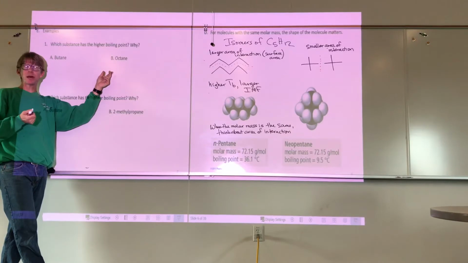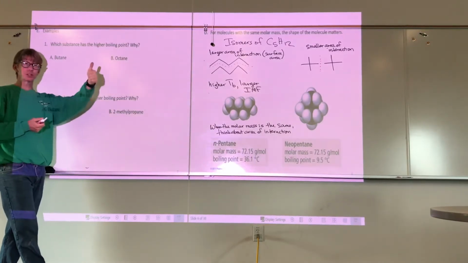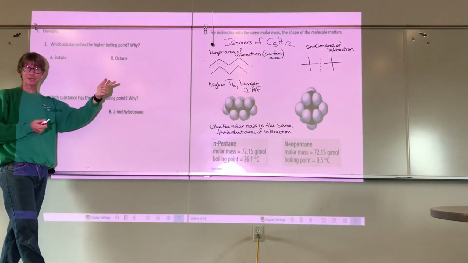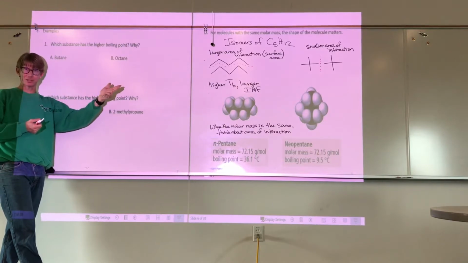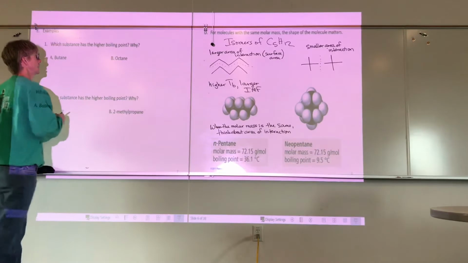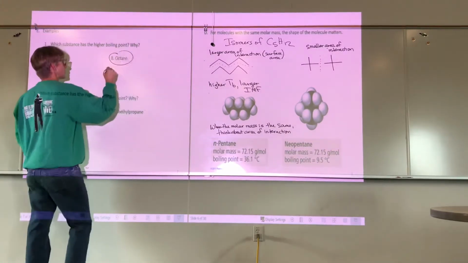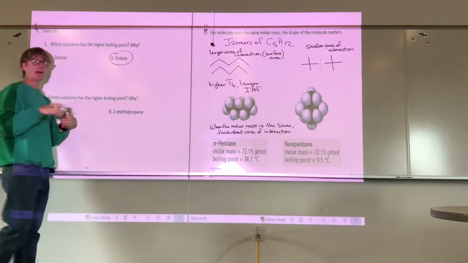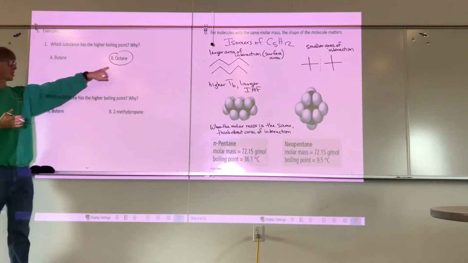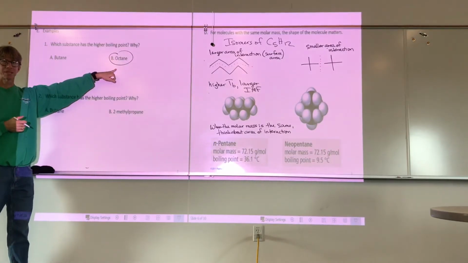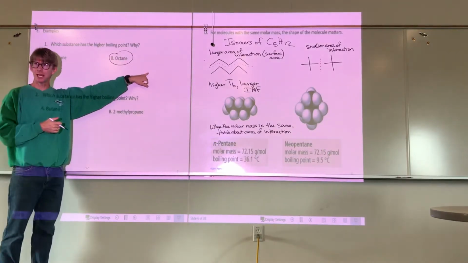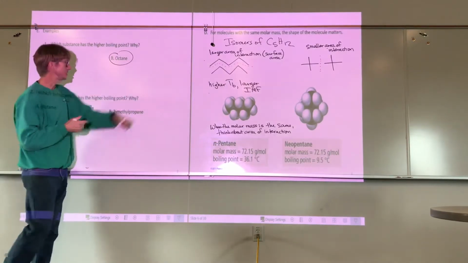You can either say larger molecule, or higher molar mass, or more electrons, leads to more LDF. So octane. So my thought flow is larger molar mass leads to larger LDF, leads to higher boiling point.